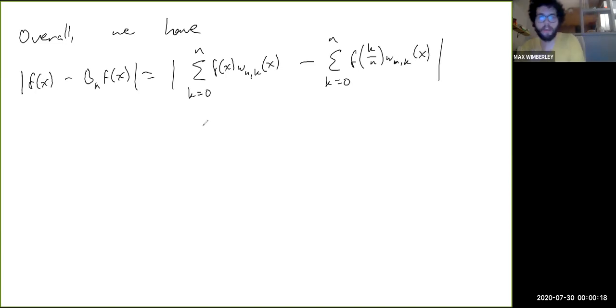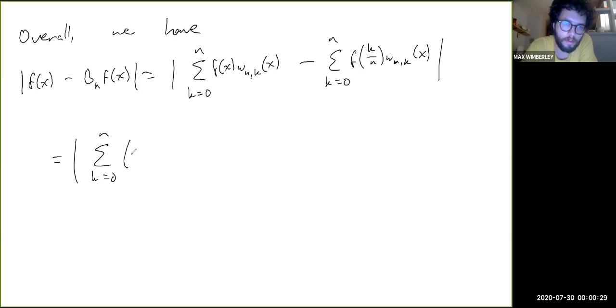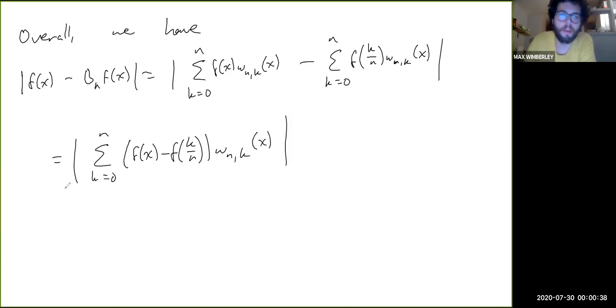Let's combine these series: the sum from k equals 0 to n of f of x minus f of k over n, times wnk of x.